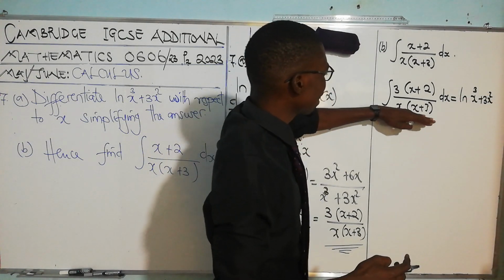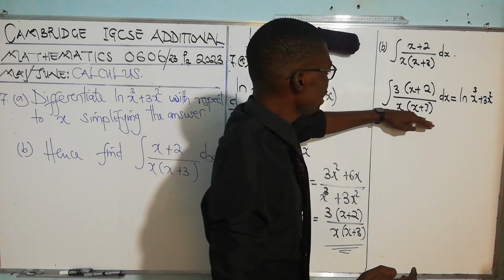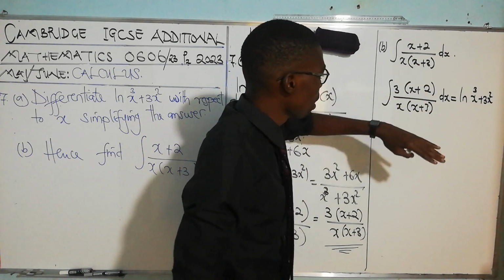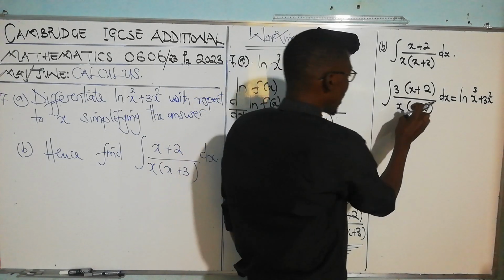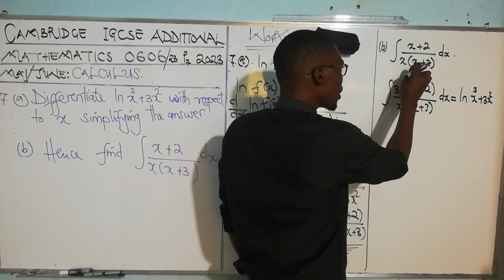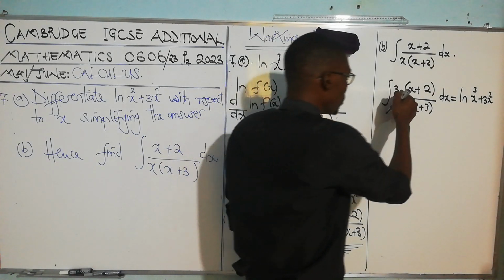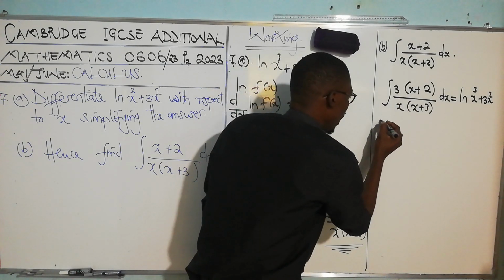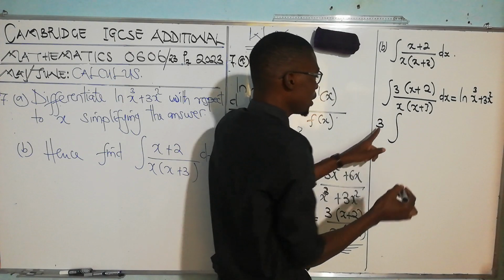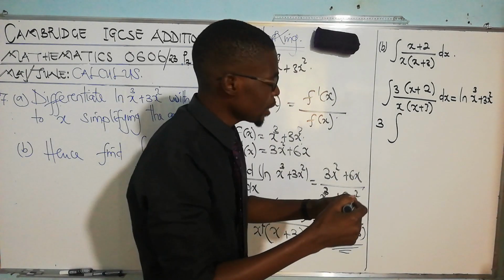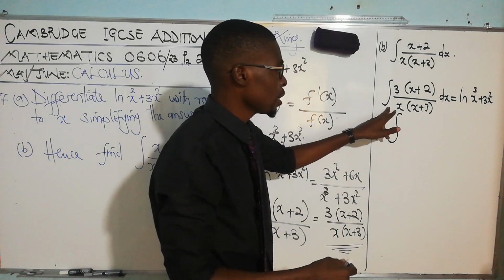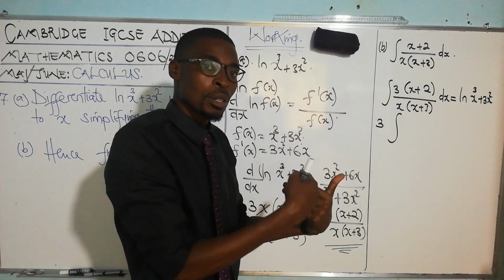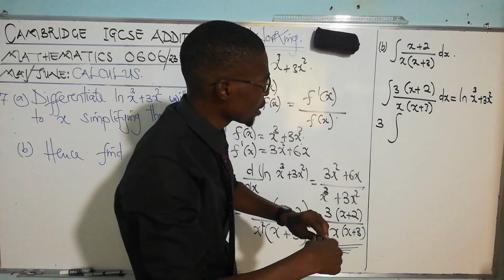But when you look at this function, there's a relationship between this function and the integral we are asked to find. The relationship is that this function is this one times 3. So if I factor out the constant 3 here, by one of the properties and rules of integration, when you have a constant times a function, you can factor out the constant and integrate the function.